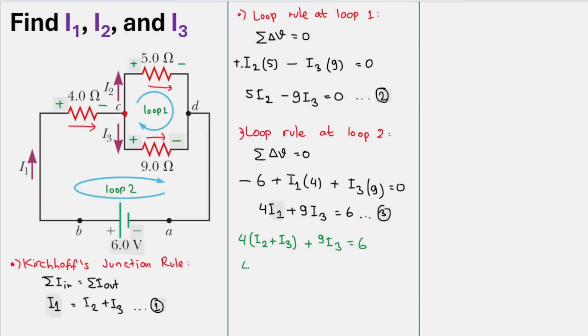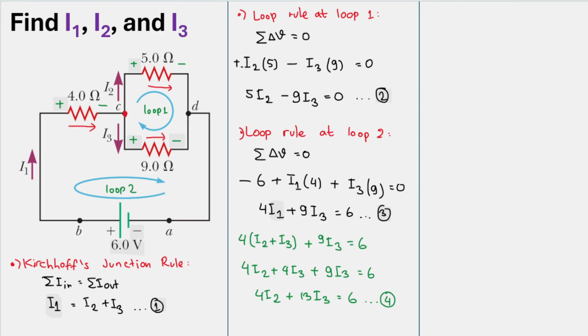So we will have 4I2 plus 4I3, and then plus 9I3, and that will equal 6, or we will have 4I2 plus 13I3, and that will equal 6. Okay, that's good. Now let's use this equation number 4.